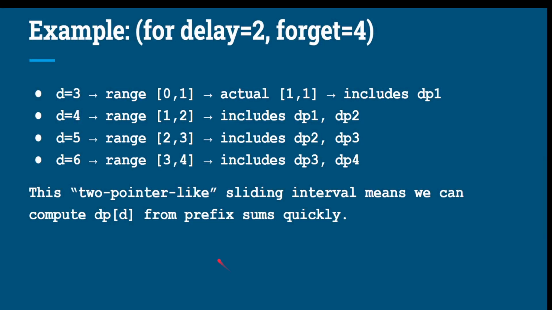If you take the example, for day 3 the range is between 0 and 1. For day 4, this is the range. Like this we can calculate the ranges. So this is our two-pointer like thing, where we also use the sliding interval, so we can compute dp at d from a prefix sum quickly. So there is a combination of multiple things here.